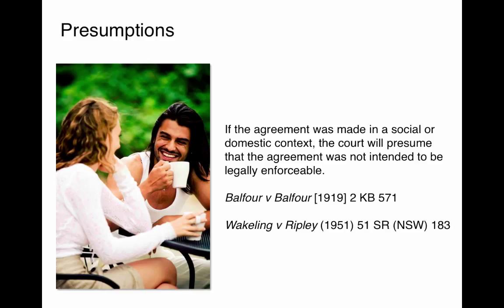The court had to decide whether or not, when the brother and the sister made that arrangement, an objective observer would have thought that they intended that agreement to be legally enforceable.